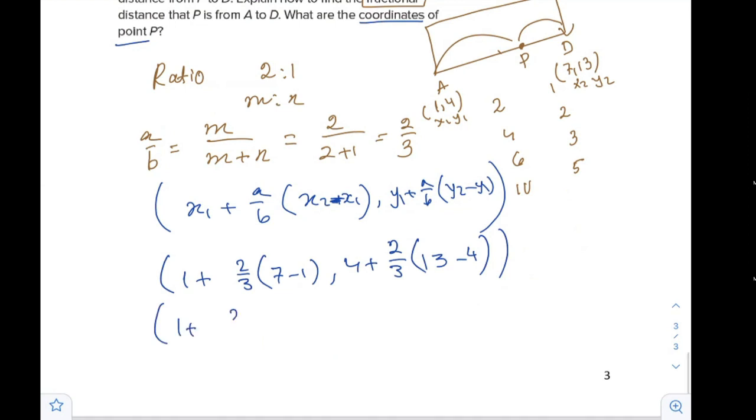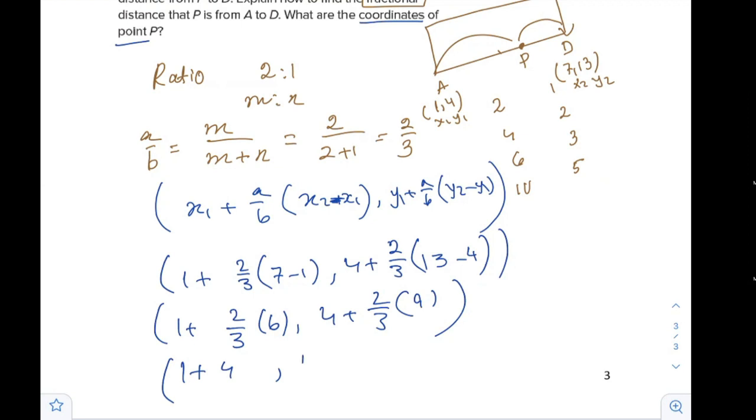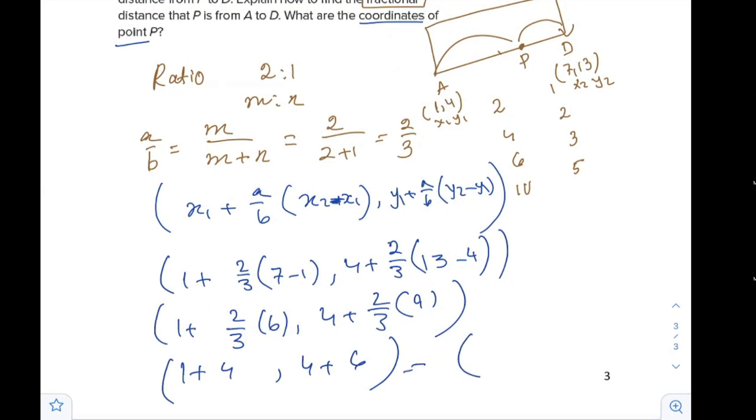And it is 1 plus 2 over 3 times 6, 4 plus 2 over 3 times 9, 1 plus 12 over 3, 4 plus 18 over 3, and it will turn out to be 5 and 10. If you try to find it using the M to N formula, then you will reach the same point definitely.